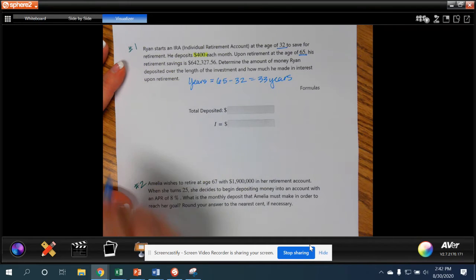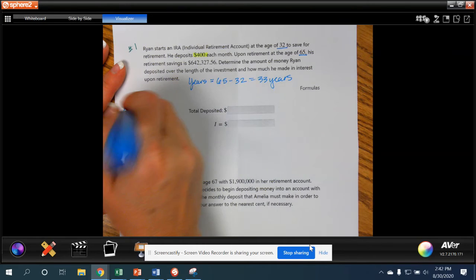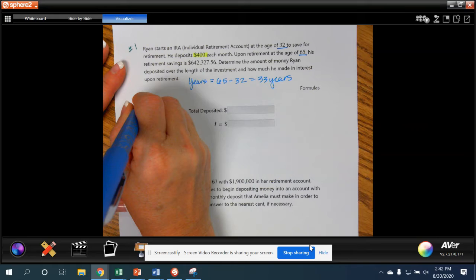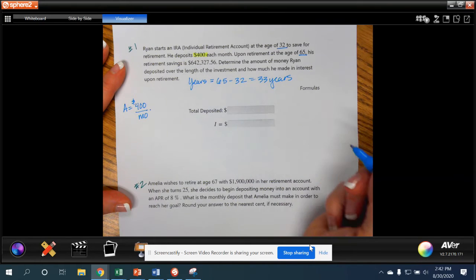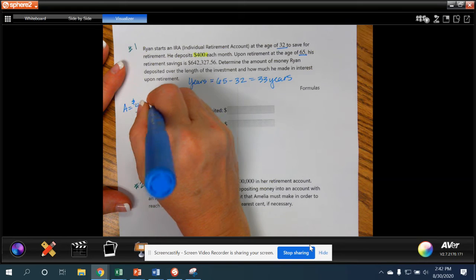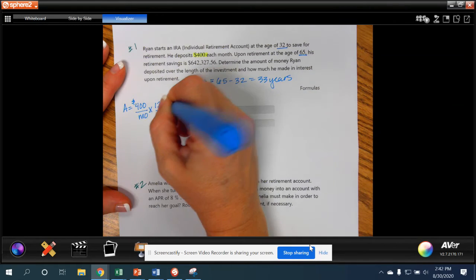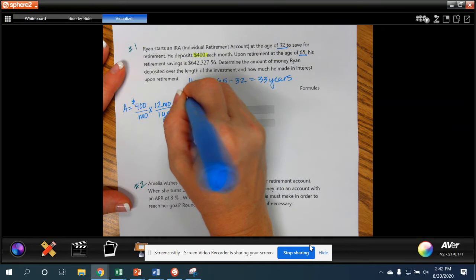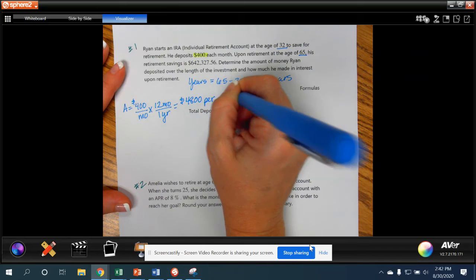So starting off, we have the A value, that's your input here, $400 per month. If we times that by 12 months in 1 year, because that's a conversion, I have $4,800 per year that he's depositing.